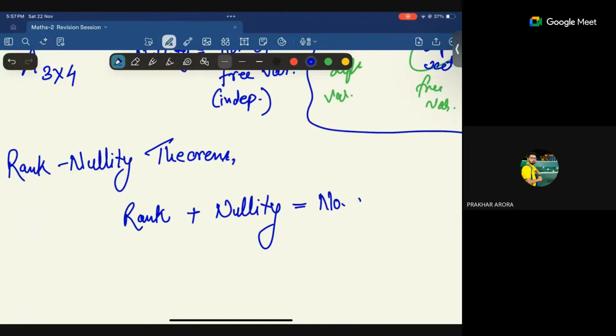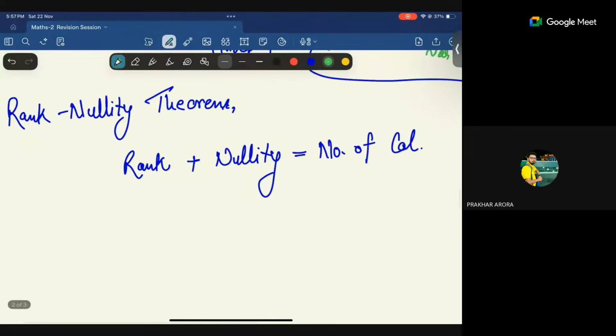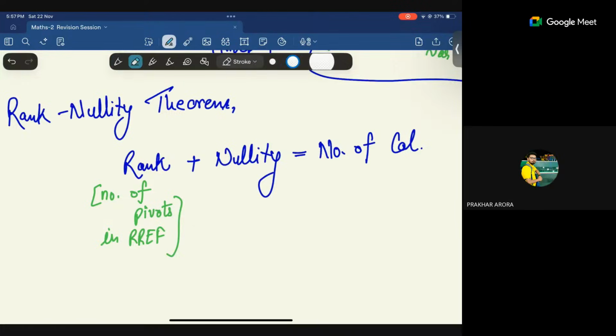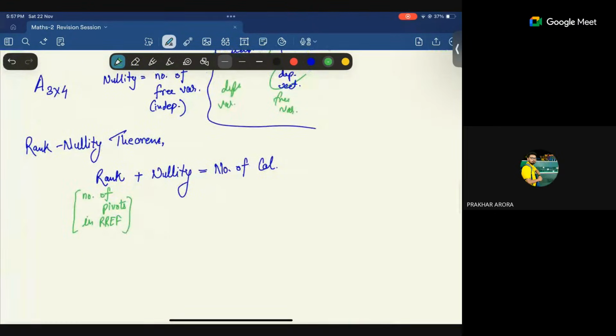Rank is equal to the number of pivots in RREF, and for nullity we don't need any definition, it is just the number of columns minus the rank.